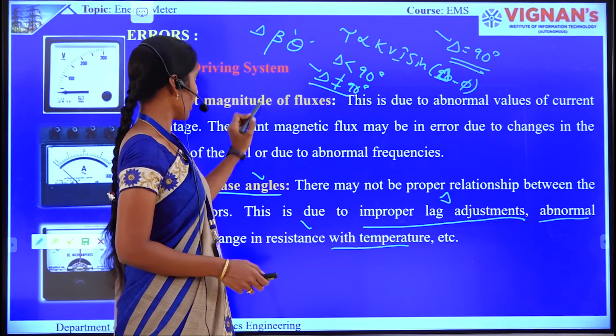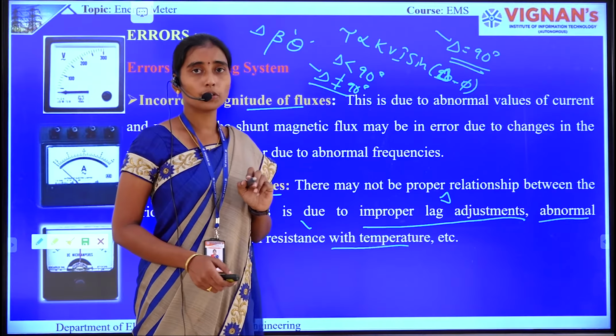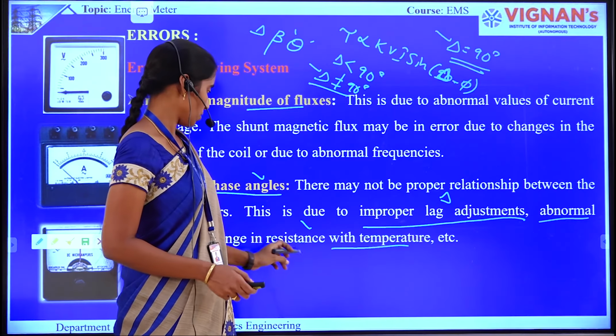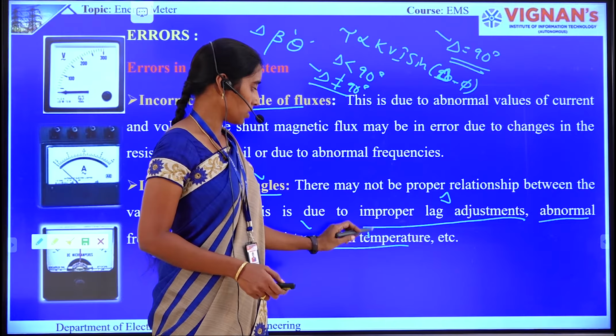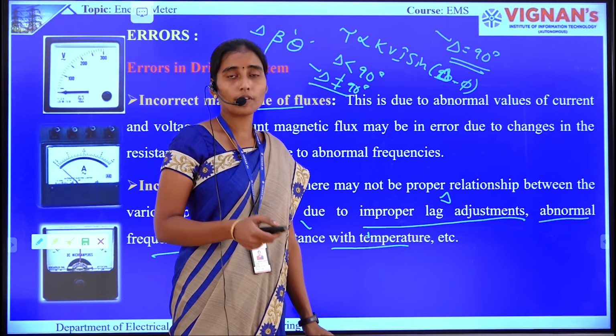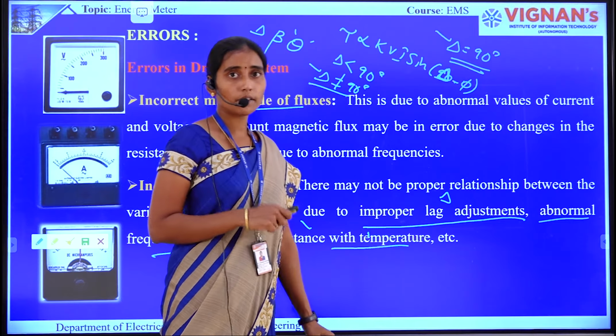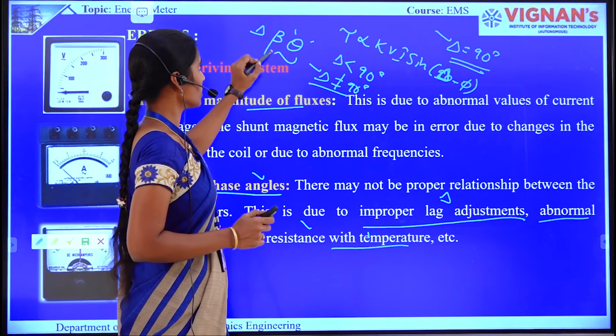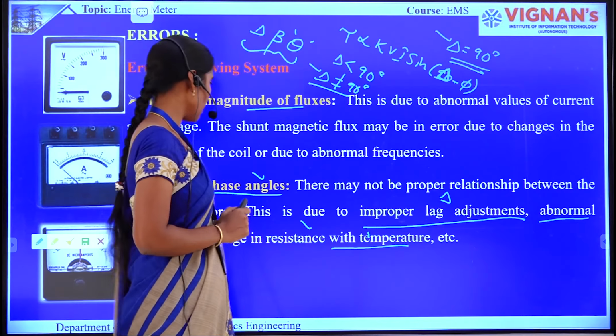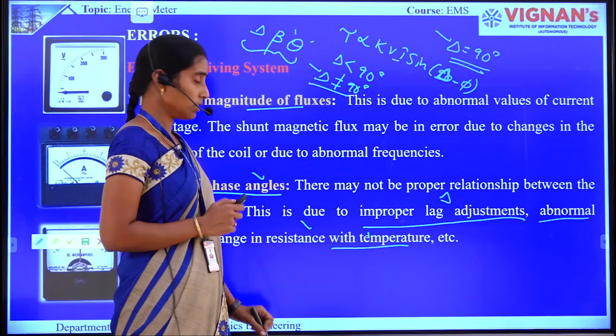This we have discussed while discussing the incorrect magnitude of fluxes. If your current through the coil increases, temperature gets increased, which in turn affects the current through the coil and hence the flux. If the flux gets affected, the phase angles also get affected. So this is the other error associated with your driving system.